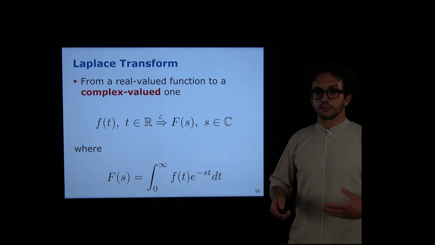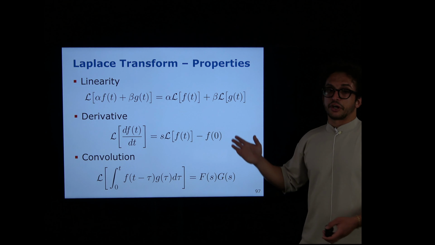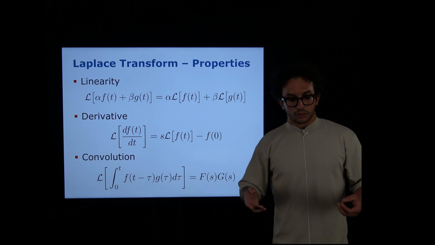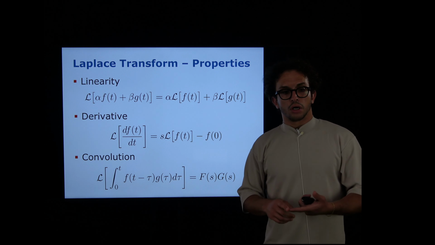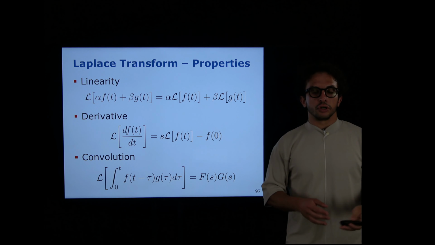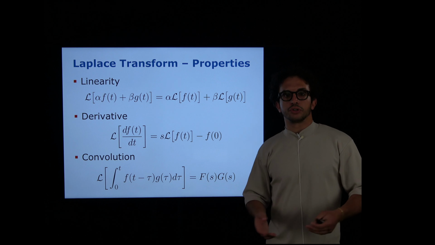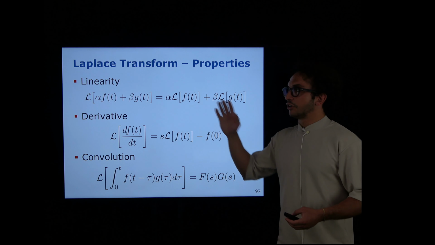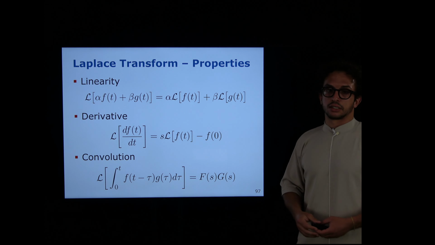What is important is the properties of the Laplace transform. So the first property is linearity. This is very nice because we're dealing with a linear system. We already mentioned that we want to respect the superposition principle, that we want everything to be linear. Linear combinations of causes lead to linear combinations of effects. So having linearity also in this complex domain is actually very nice.